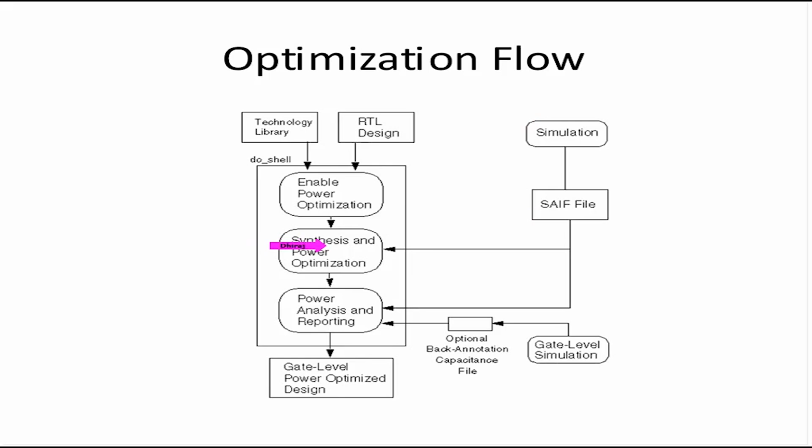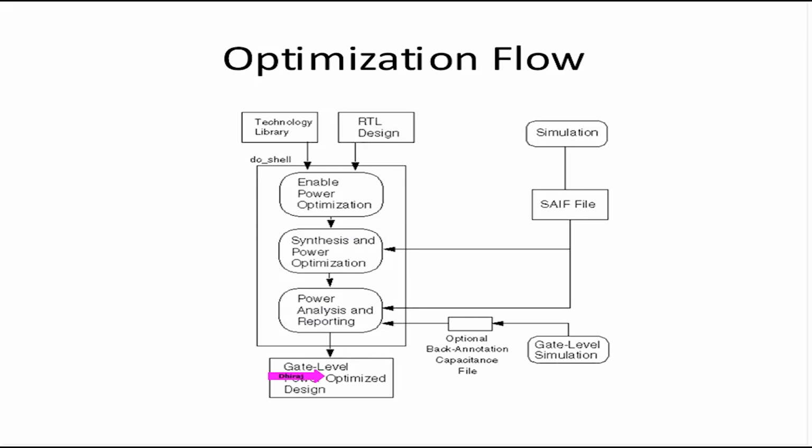So now synthesis has what it has. It has the technology library. It knows the power numbers. It has the switching activity. We will see what information the switching activity provides. And now it can do power optimization. Then you can use some reporting to report power. Then we get a gate level power optimized netlist, right?